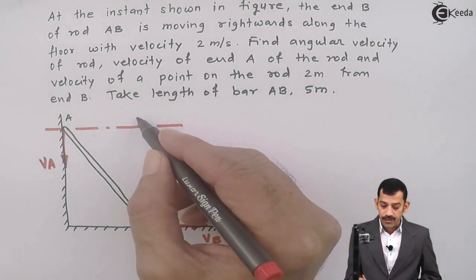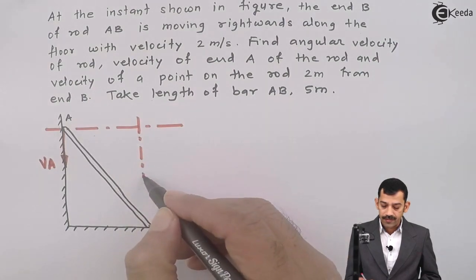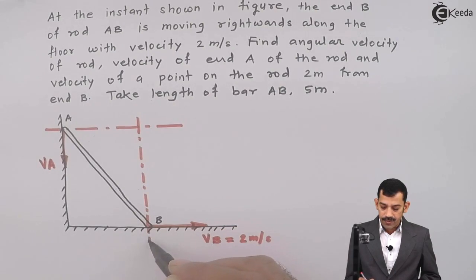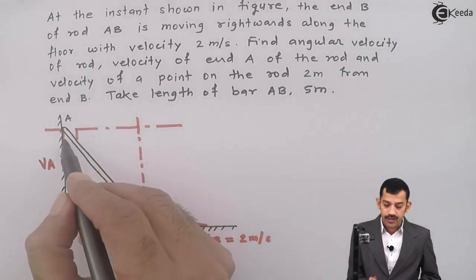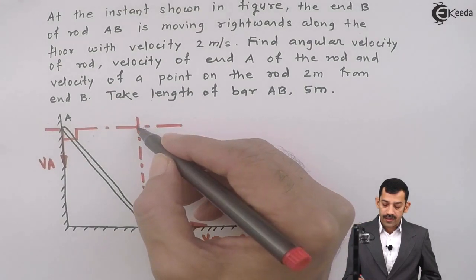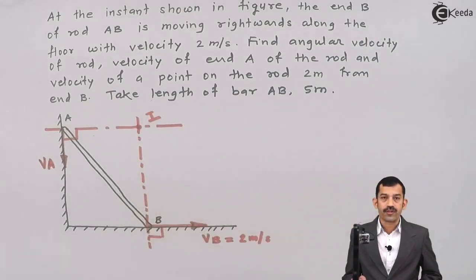The point of intersection represents the center of rotation. This angle is 90 degrees, and this angle is also 90 degrees. The point of intersection is point I, the center of rotation, ICR.